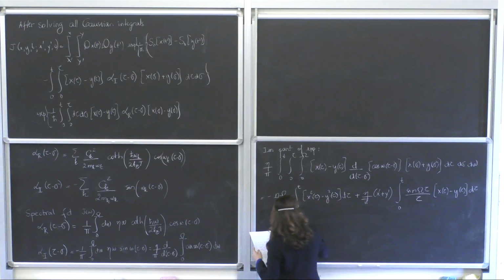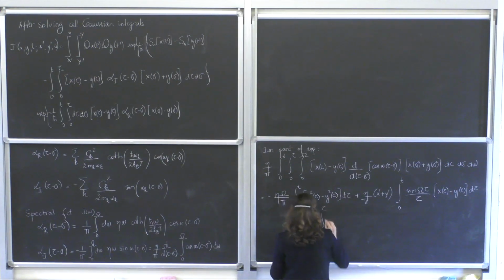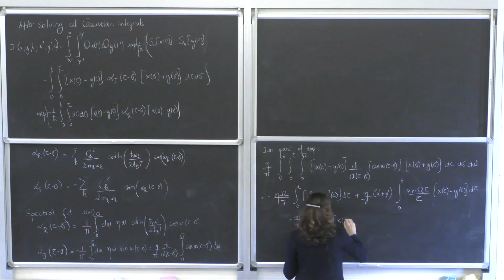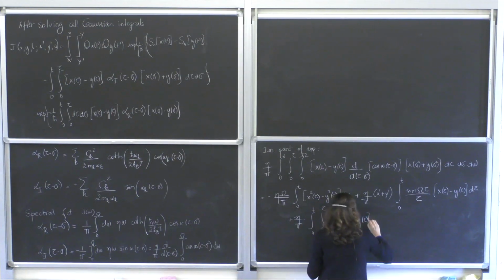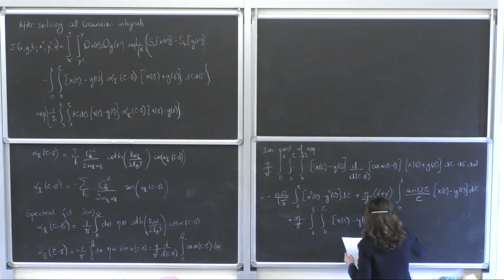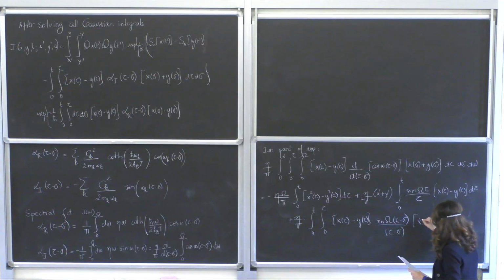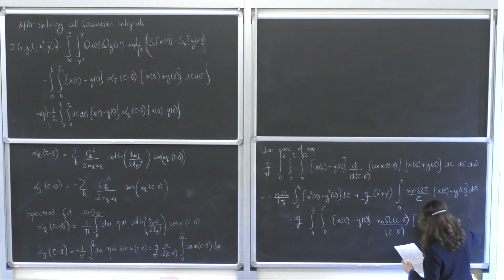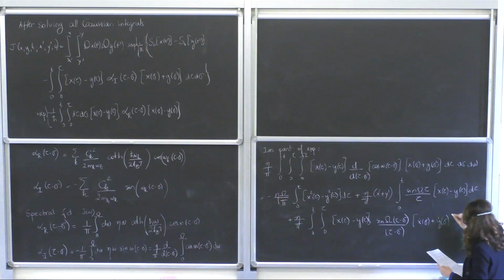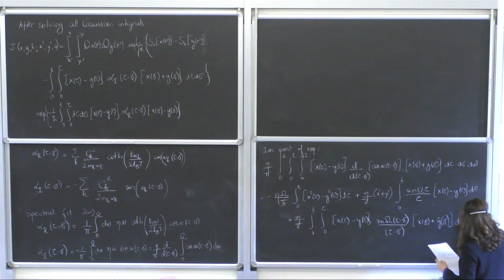plus eta over pi integral from 0 to t, integral from 0 to tau, x of tau minus y of tau, sine of omega tau minus sigma over tau minus sigma, x dot plus y dot of sigma, d tau, d sigma.